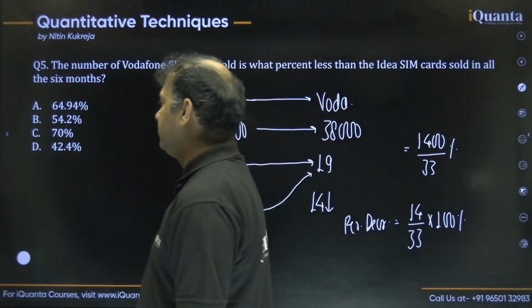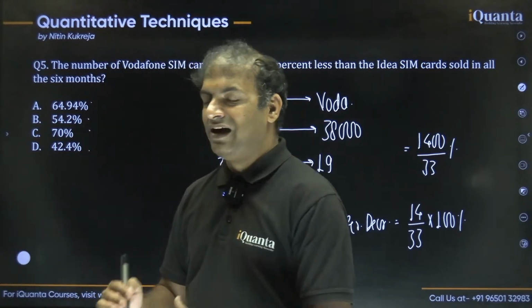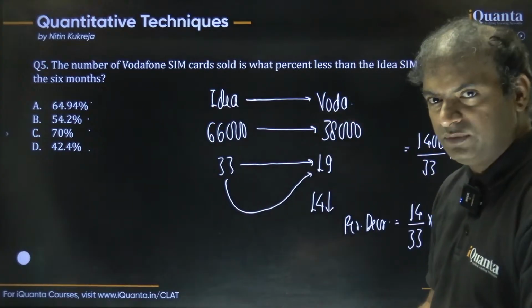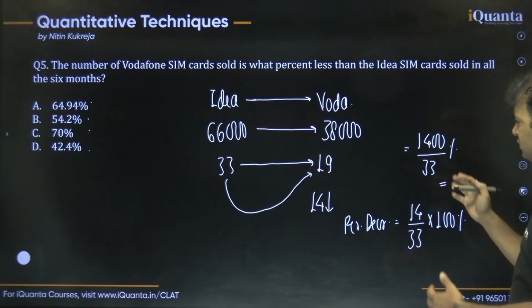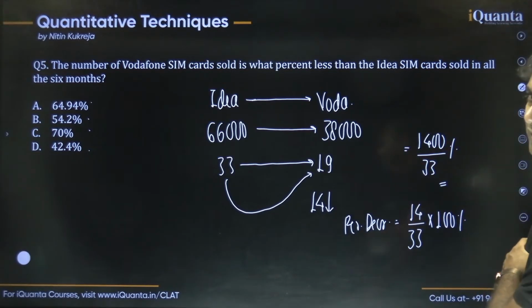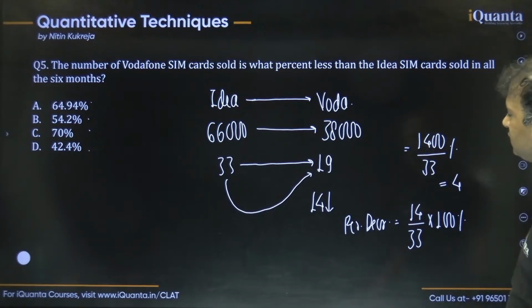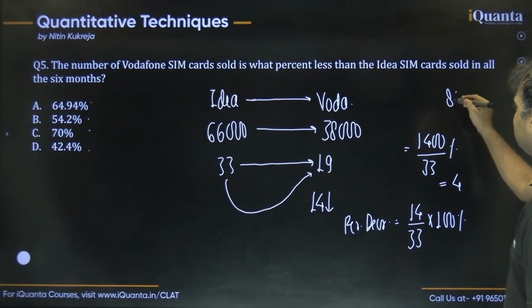One more thing, we can definitely use the options. Look at the options, guys: 42, 54, 64, 70. We have some distance among the options, which means we can do some approximation work. How do we do the approximation? Just divide up to one or two places only. 33 fours are 132, carry 8 and 80.